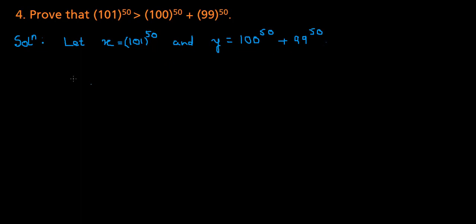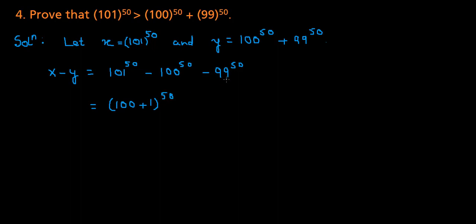Now what we're going to do is x minus y. So that should give us 101 raised to the power of 50 minus 100 raised to the power of 50 minus 99 raised to the power of 50. Okay, now we're going to rewrite it. Instead of writing 101, we're going to write it as 100 plus 1 raised to the power of 50.